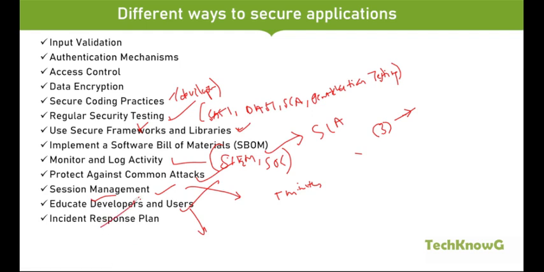Then incident response plan. If an incident occurred in our application, there should already be a response plan ready. For example, if an application like Amazon went down for at least 1 hour, we need to have a response plan ready immediately, because our application should not be down for a long time. That does not satisfy the availability goal.